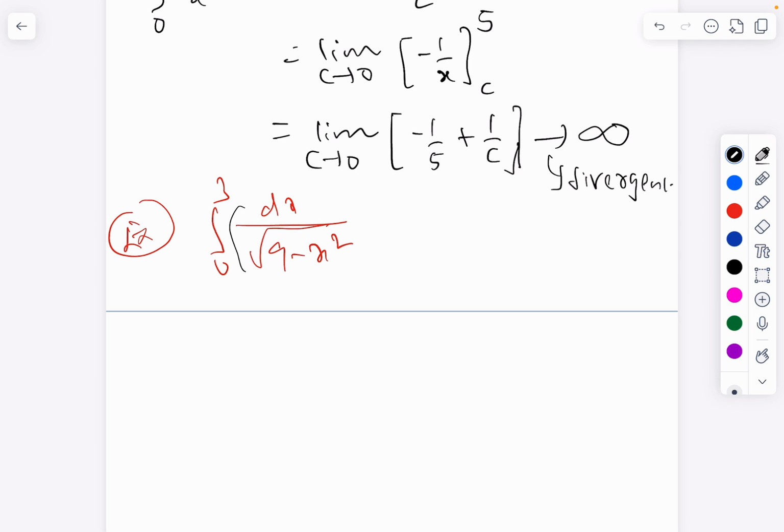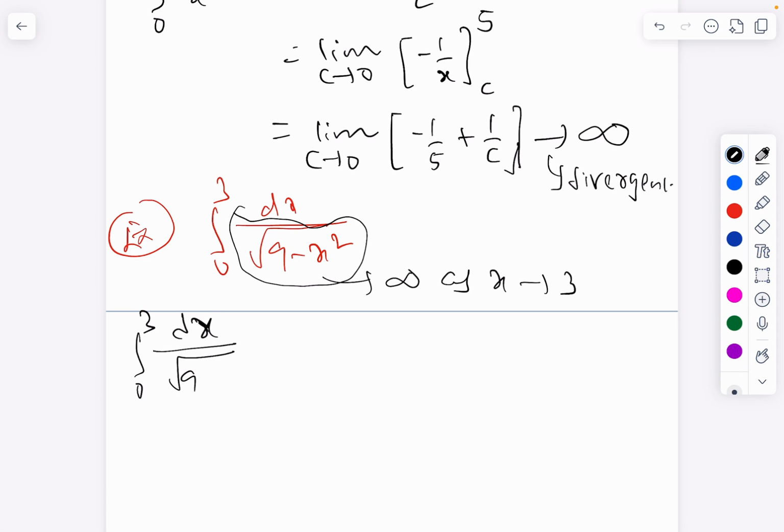This 1 over root 9 minus x square tends to infinity as x tends to 3. So this is equal to limit c tends to 3 of integration 0 to c of dx over root 9 minus x square.